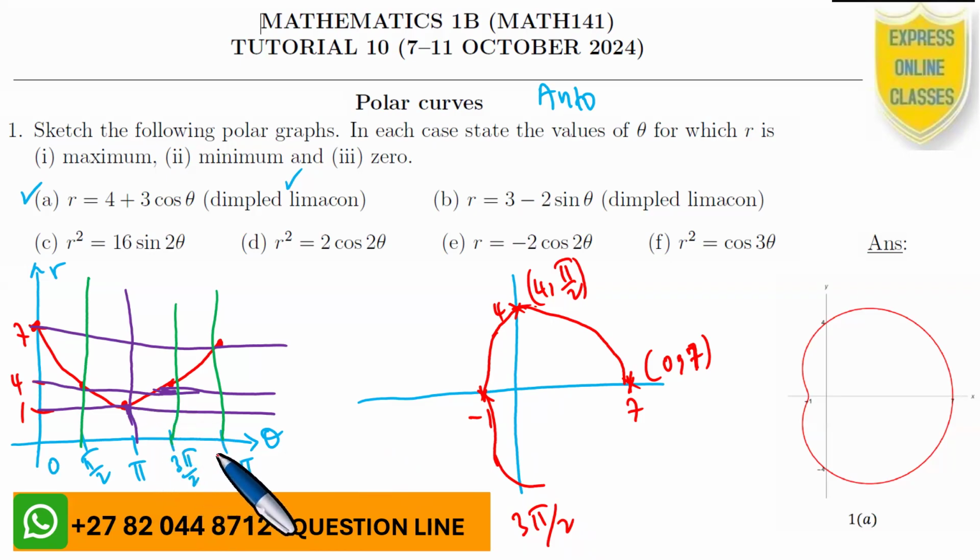So when theta increases from pi to 3 pi over 2, theta is pi here, and then it increases by pi over 2. So this one is r, and r is -1, and that is theta. So here you have r. R is what? R is 4, and the angle is 3 pi over 2.